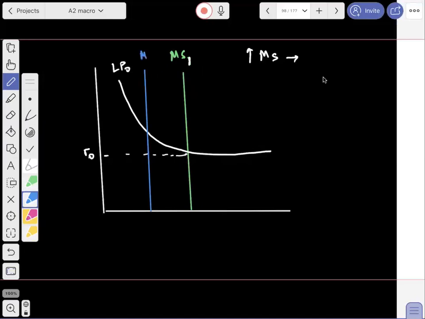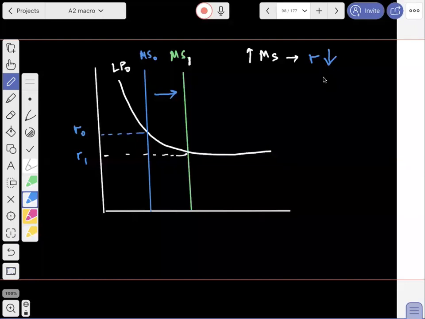Let's increase money supply from MS naught to MS1. If you increase money supply from MS naught to MS1, your interest rate will fall from R naught to R1. Isn't that true? When the money supply goes up, interest rate goes down.